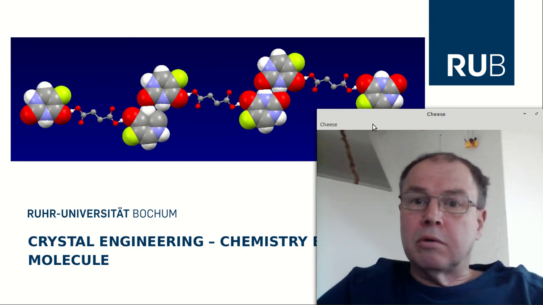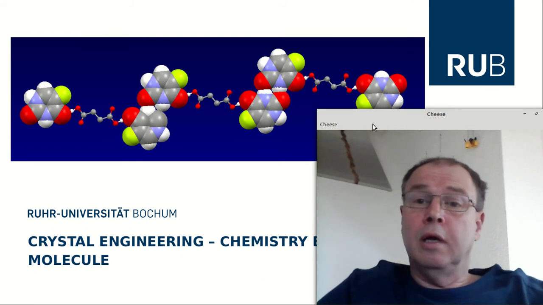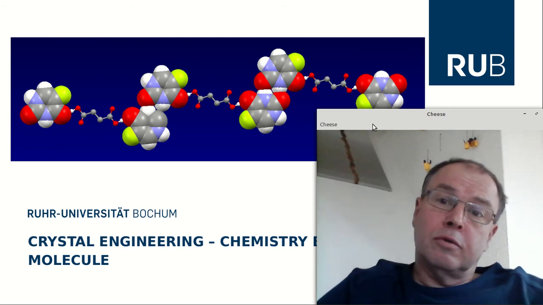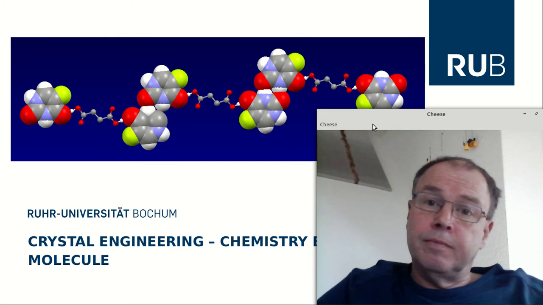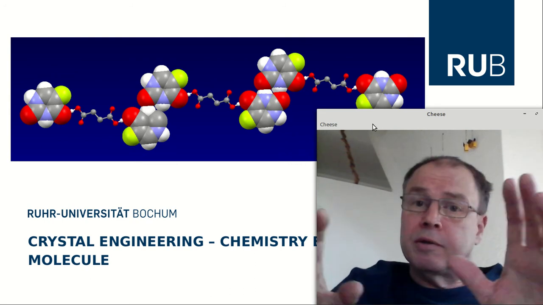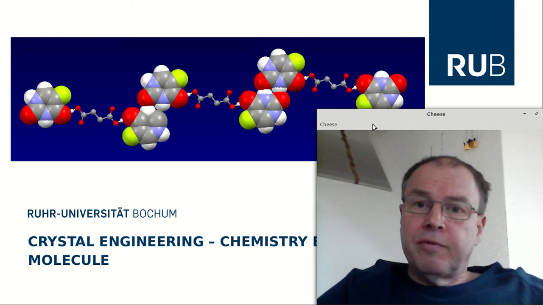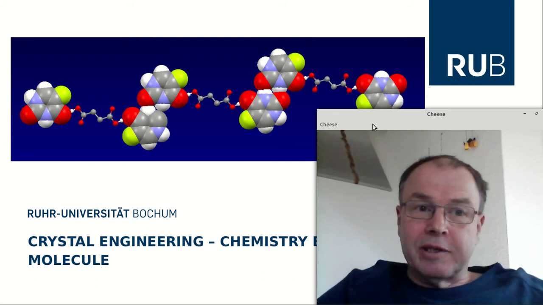We talked about multi-component crystals, so not only one molecule is inside, but two or more molecules are in a crystal: solid solution, co-crystal. These are some keywords. Well, I think now we can try to design crystal structures.